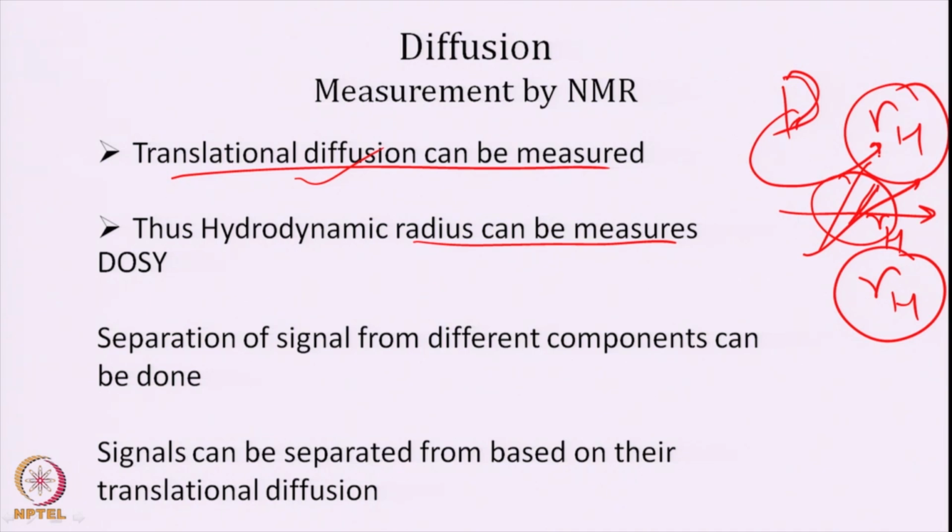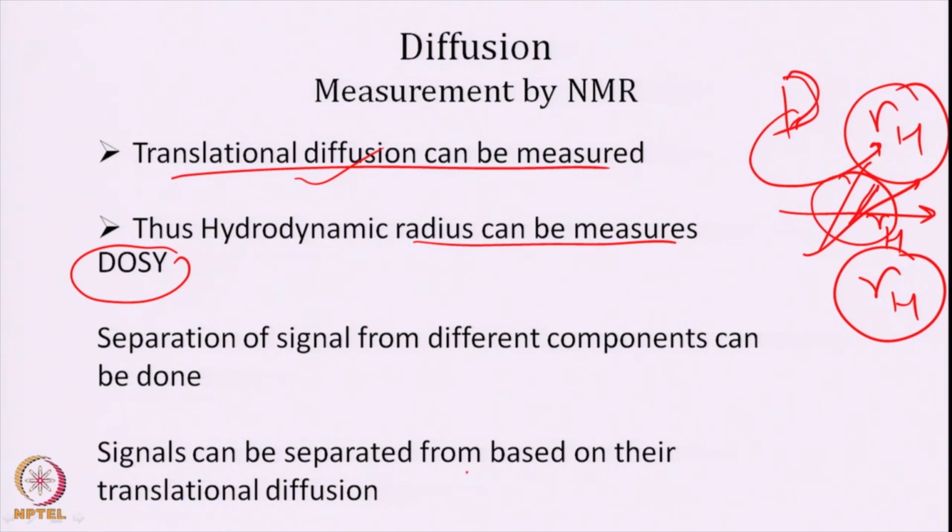This technique in NMR is called DOSY, and it is useful for separation of signals of different components, as we gave the example in the second slide. Say I have 5 small molecules mixed together, I can do the diffusion experiment and find the signal coming from all these 5 molecules and how they are diffusing differently in solution.